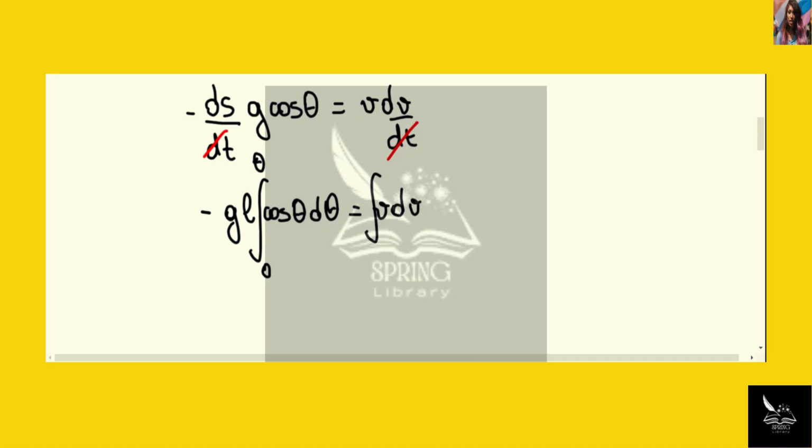So we have to integrate v from 6 meters per second to a final value of v. Now remember that the integral of cosine is sine, so we have minus gL sine of theta from 0 to theta, which is just sine of theta, and this is equal to v squared divided by 2 minus 6 squared divided by 2.